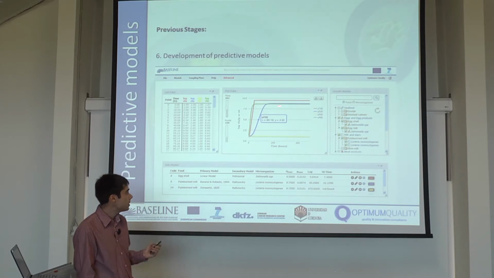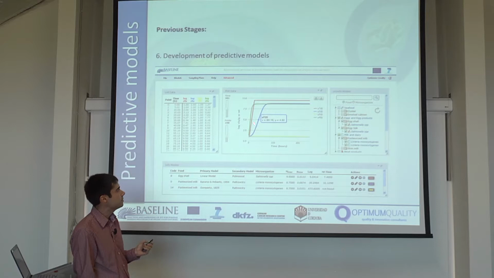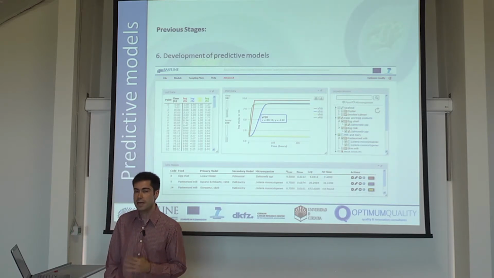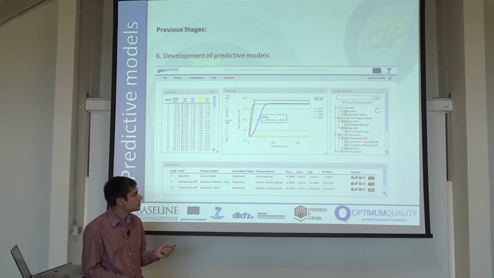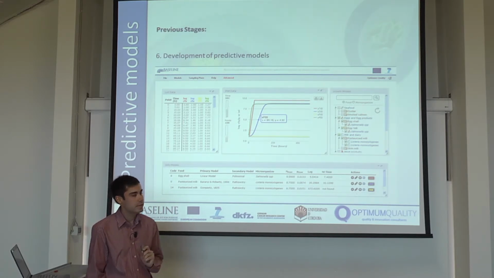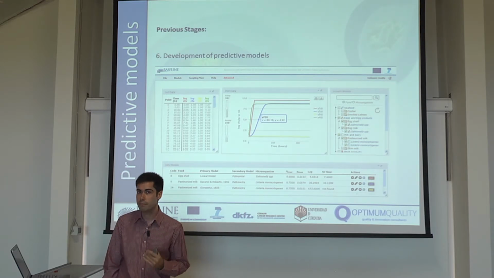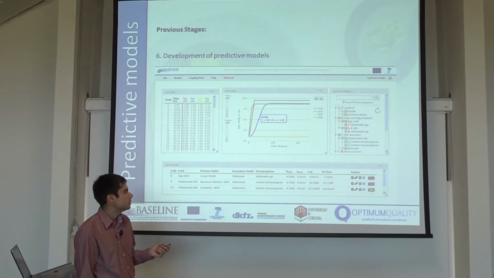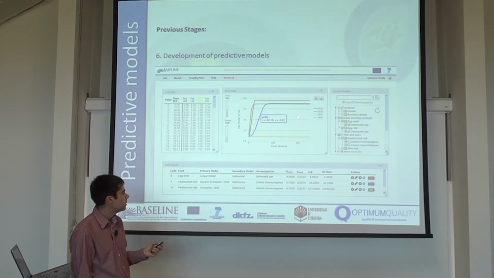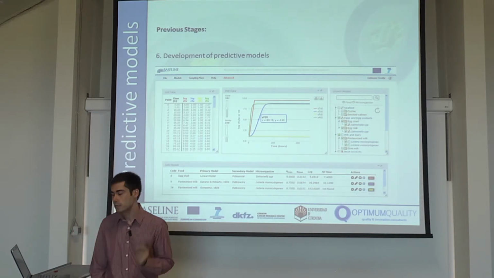In the central part, you can see the graphs where you can estimate the microbial behavior at the specified conditions. On the right side, you can see the different food categories, and also you can filter the data according to the type of microorganism. You easily select the type of predictive model to be applied, and graphs and raw data appear in the window.